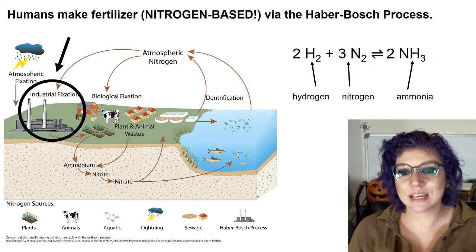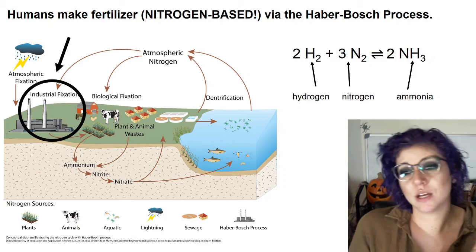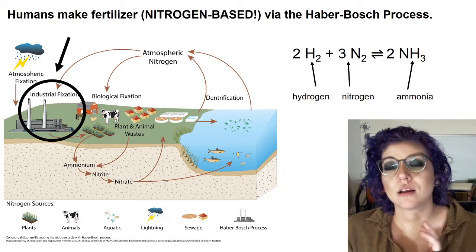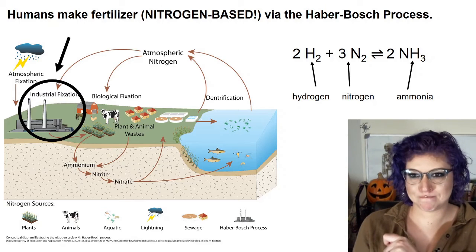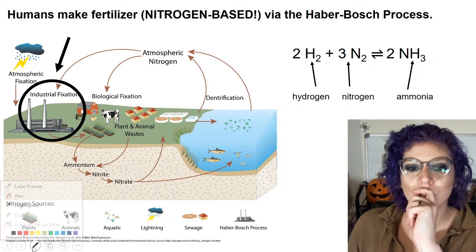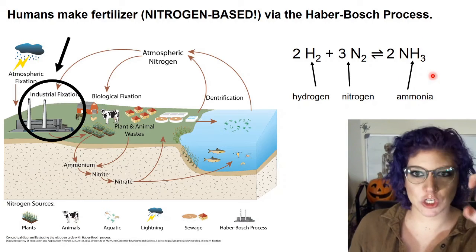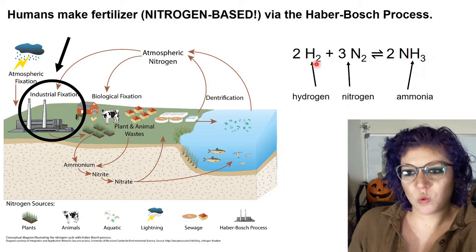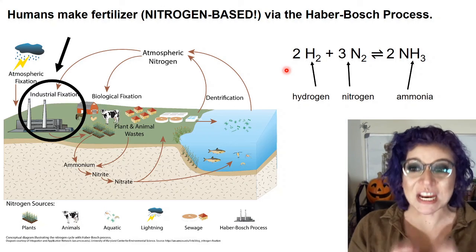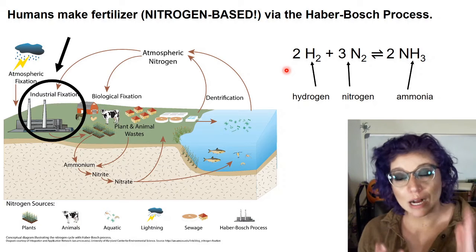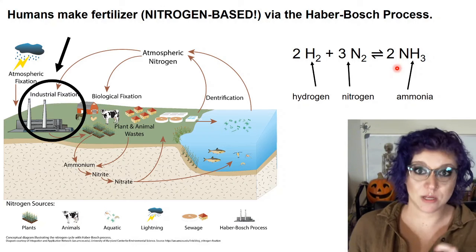What we're looking at here is 2 molecular hydrogens and 3 molecular nitrogens coming together to make 2 ammonia products. We're going to talk about it later, but ammonia, so we see that N, this is that nitrogen fertilizer. What I want y'all to notice is that this reaction involves a specific ratio of hydrogen and nitrogens to make this many ammonias.